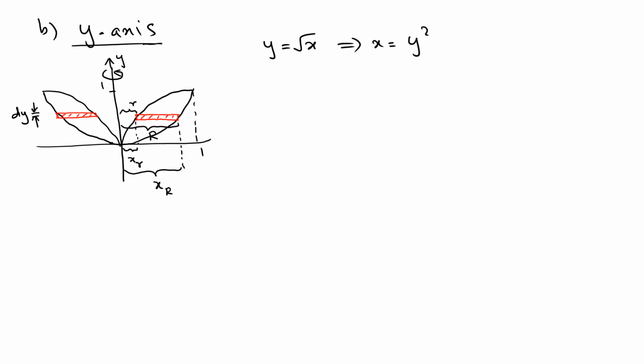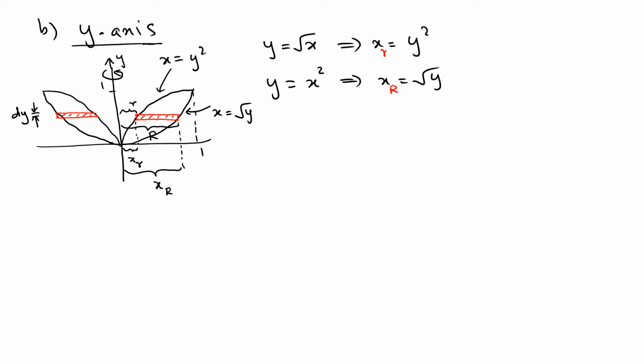So you can write this one as x equals y squared, and the other one is y equals x squared. This says that x equals square root y. That's this one. Okay, so this is going to give you the two coordinates. Actually, if you want to put that reference, that is the smaller r, that is the large R.